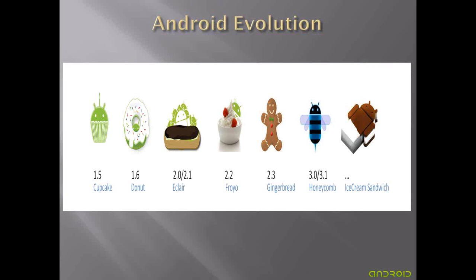After that, 4.0, 4.1, 4.2 are meant for phones again. So if you want to design an application for a tablet, go for the 3.0 version of Android. If you want to design an application for phones, you can start from 4.0 or 4.2, the latest version of Android. Here I will close this slide and move on to the next slide.